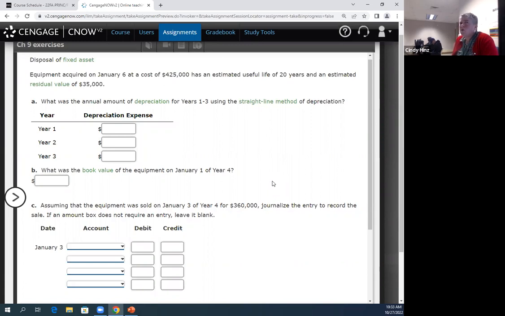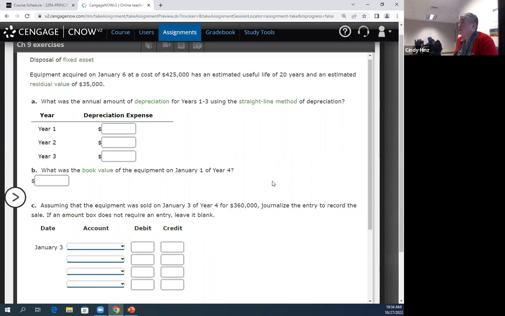We talked about recording the purchase of the asset, recording depreciation as we use the asset. We've now talked about what happens when things change and we have to change our previous assumptions, how we change that depreciation. And now we're at the very end of the life cycle of the asset. And we're done using this asset and we are going to dispose of it. So what does that look like on our financial statements?